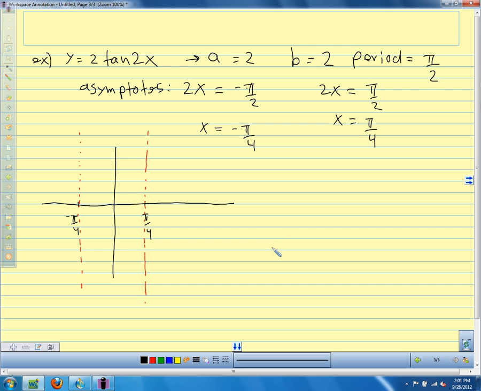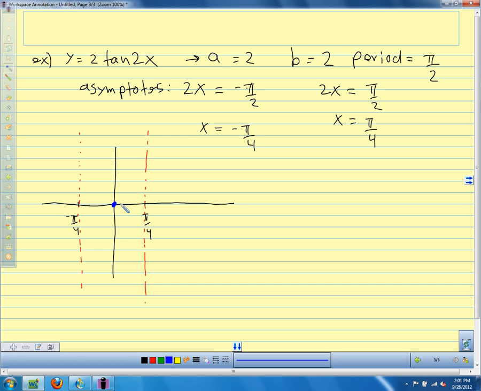My x-intercept is halfway between there. What's halfway between negative pi over 4 and pi over 4? 0. So my intercept is going to be here. And then I'm going to plot my additional values halfway between the asymptote and the intercept. So what's halfway between pi over 4 and 0?